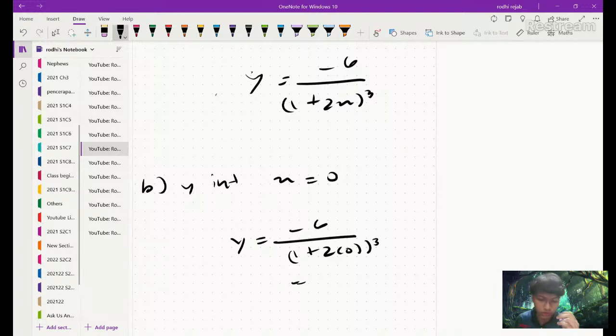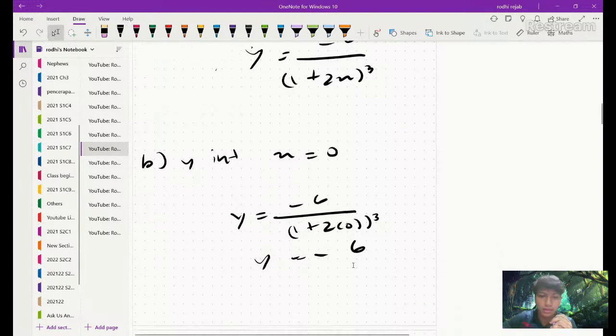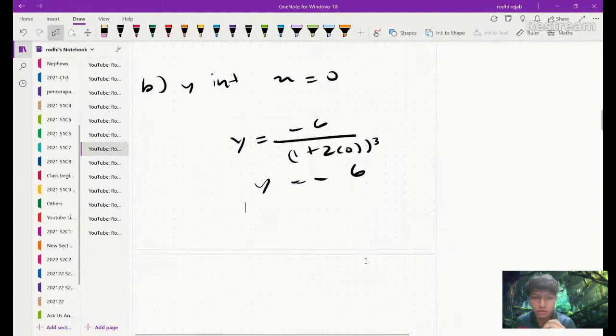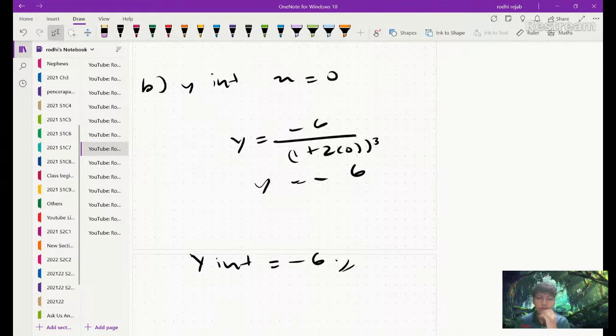So we'll get y-intercept is equal to -6. So that's the answer for B. Thank you. I'll pass this present to Sreeraj.